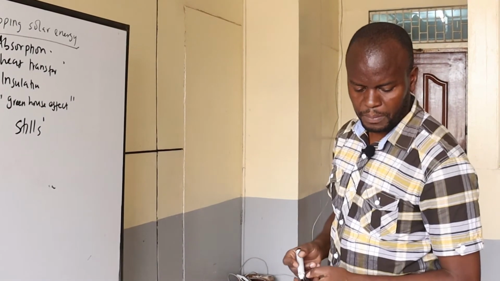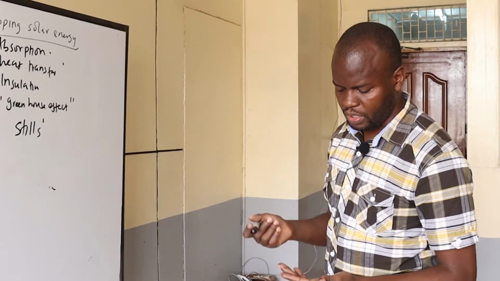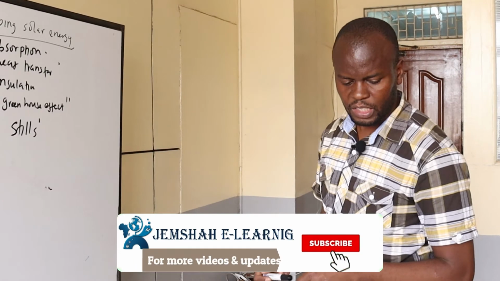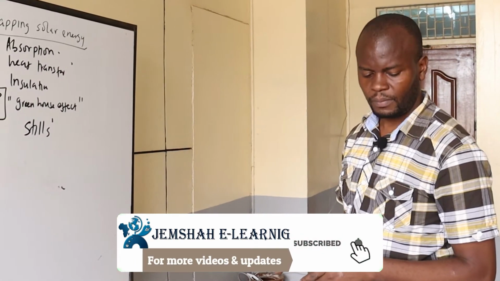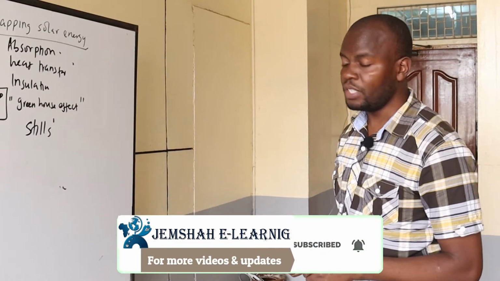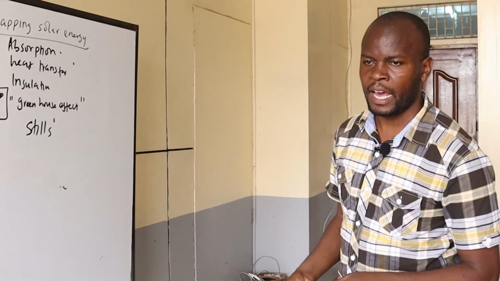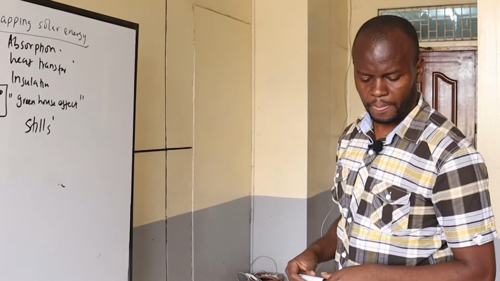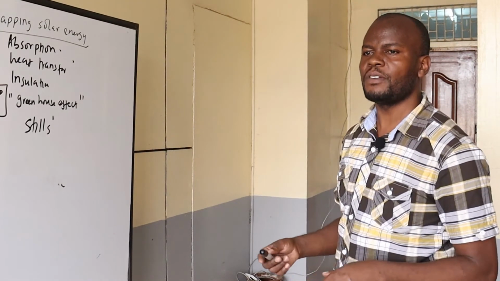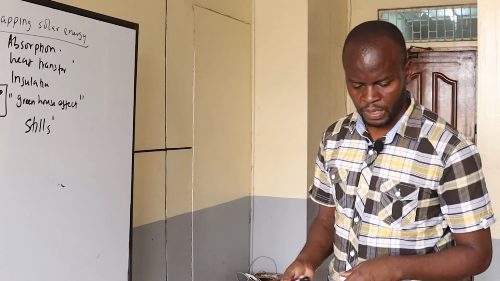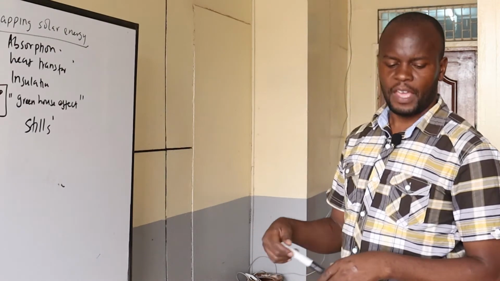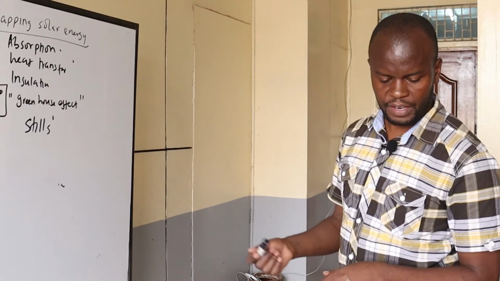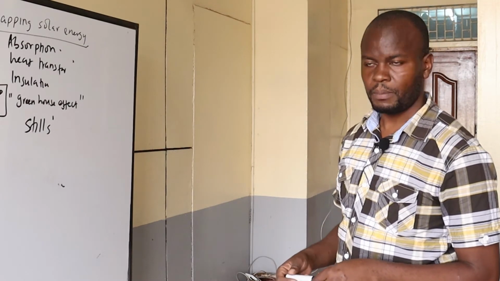When you talk about the greenhouse effect, it usually uses the property of light and energy to accumulate heat from the solar energy, whereby the radiant energy can pass through a glass or a clear plastic material or any transparent surface. The radiant energy will pass through it, but the infrared, which is responsible for the heat, cannot pass through.